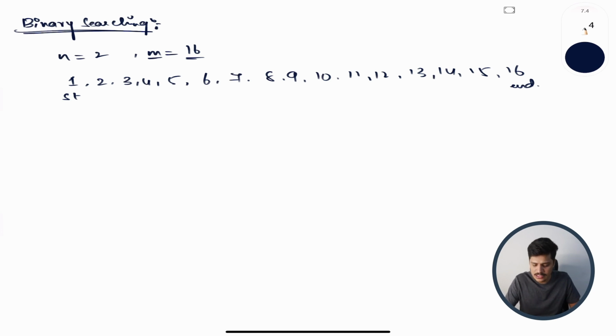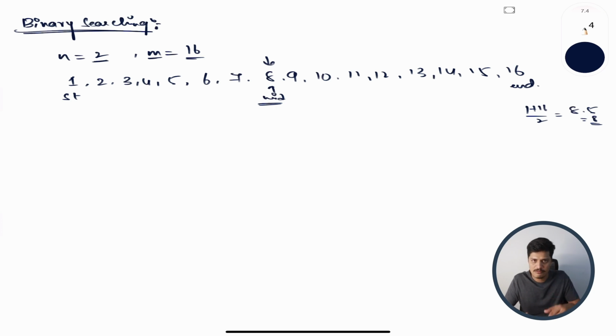Immediately we will calculate the middle, because we are applying the binary searching technique. Middle is 1 plus 16 divided by 2, which is 8.5. If we floor it, we get 8. So this is the middle that we have gotten. Immediately, whatever the middle that we have gotten, we perform middle power n.